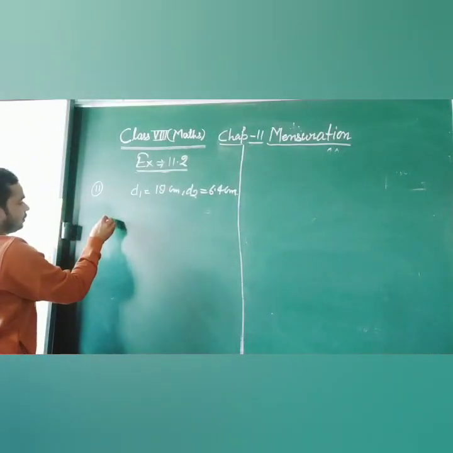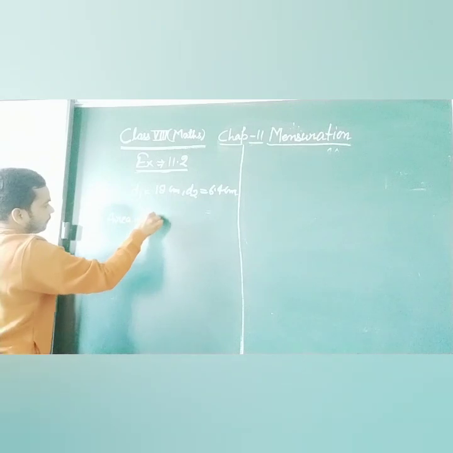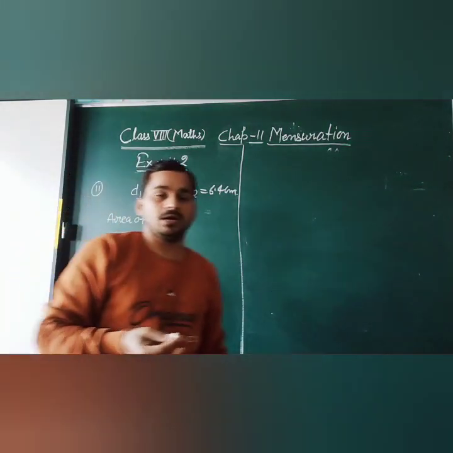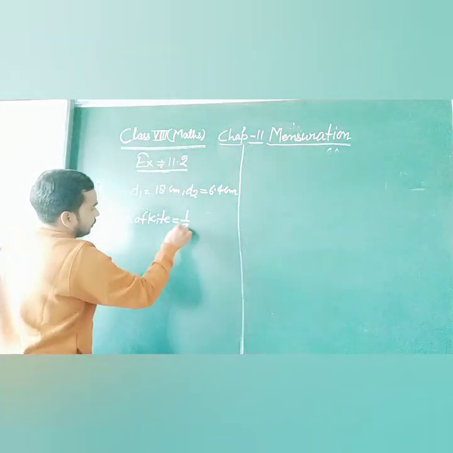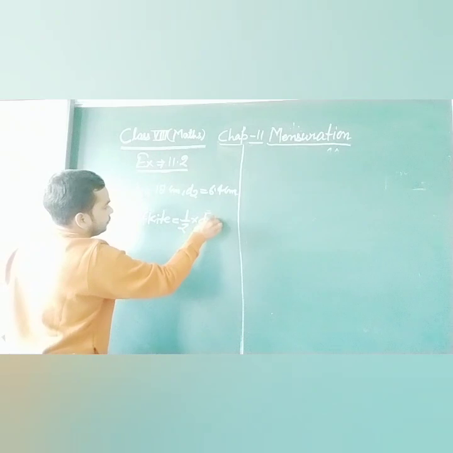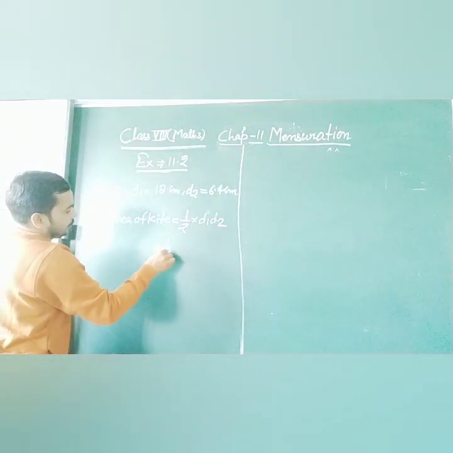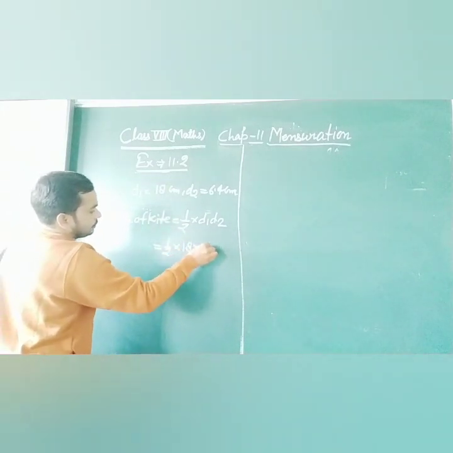Find out area. Apply the formula of area of kite, which is same as the area of rhombus: 1 by 2 product of diagonals, 1 by 2 D1 into D2. So 1 by 2 D1 is 18 and D2 is 6.4.